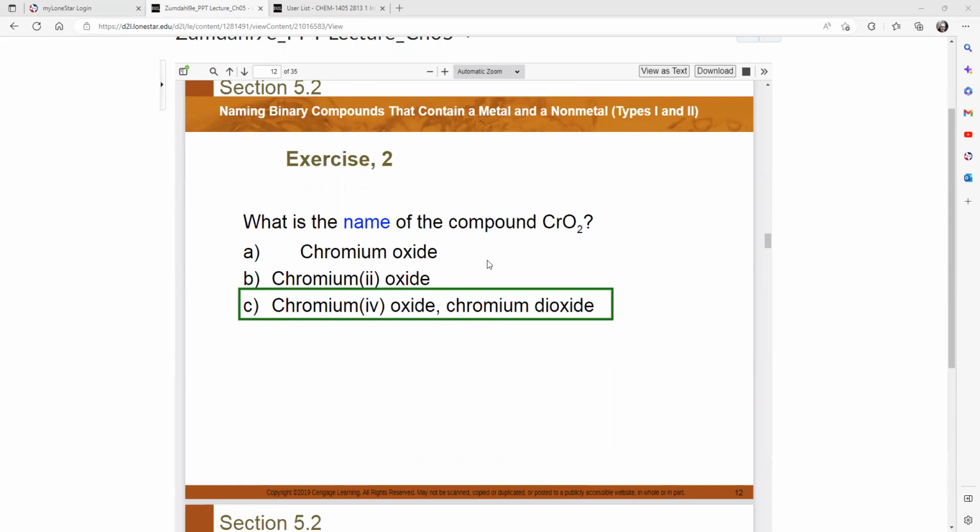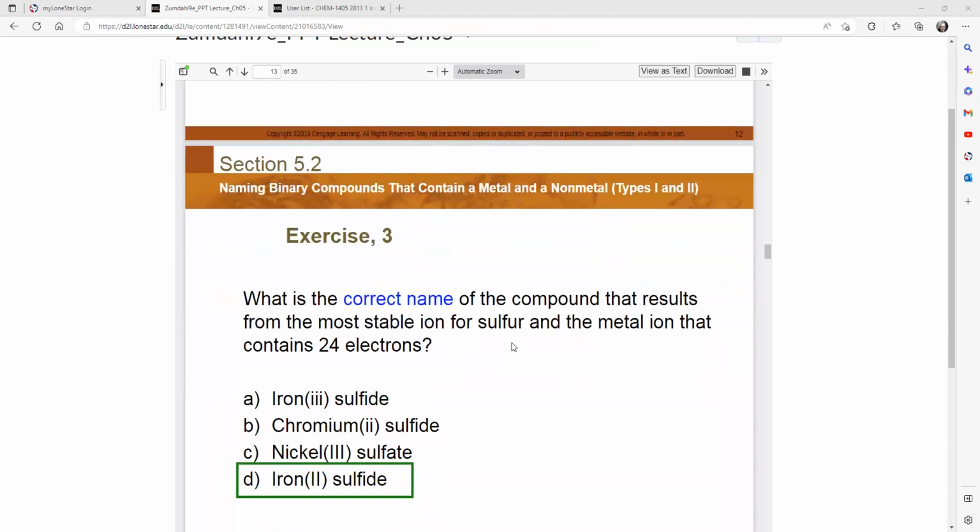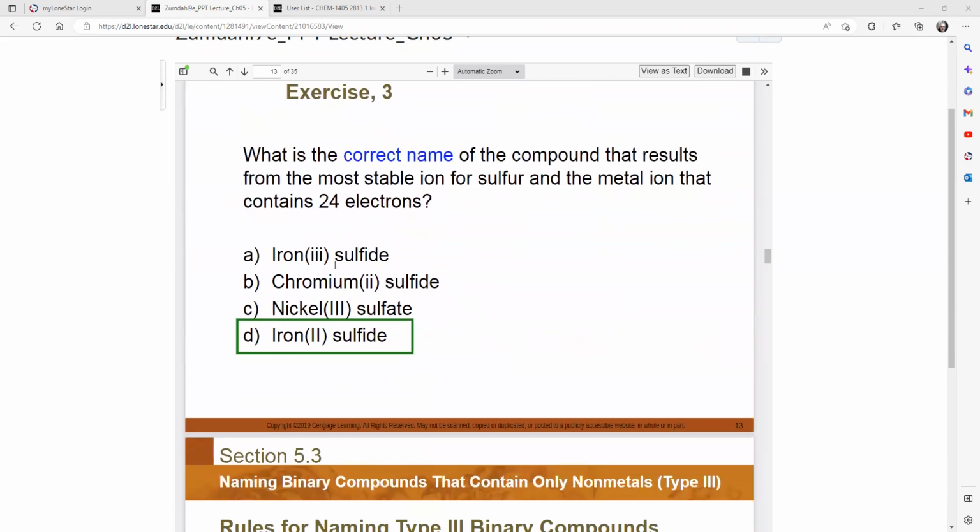Then you can stop the video and try to see why we choose this answer. Let's continue now to the following slide. Here we have another exercise. Stop the video and try to answer it and to understand.